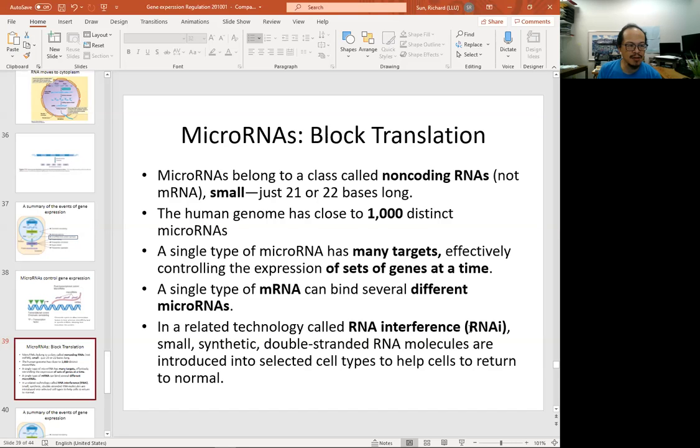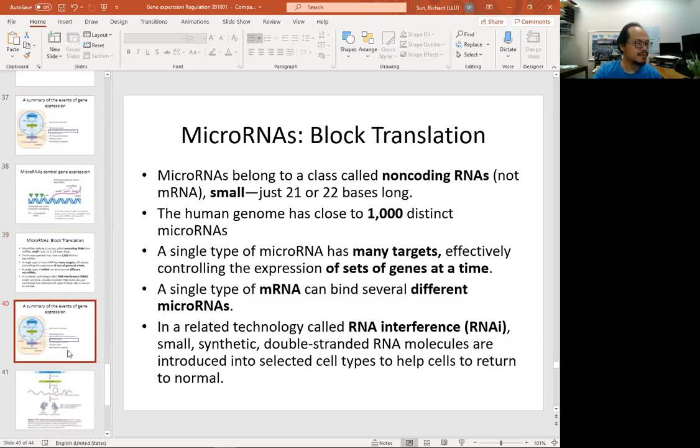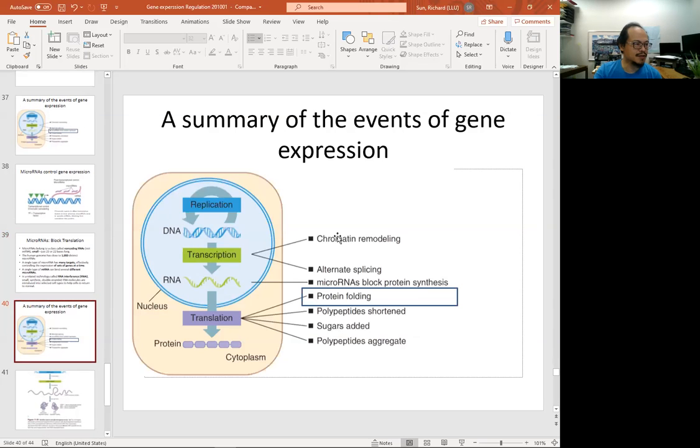This drug is called RNA interference. It's very similar to the microRNA, and it will act like microRNA to suppress this RNA translation. So that's that. So we talked about chromatin remodeling, alternative splicing, microRNA.